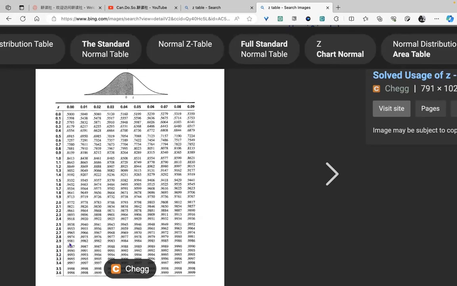The area to the left of positive 3 is 99.87%. So we can use 1 minus this part and get this part, because this part is equal to this part, so we can get the minus 3 data.